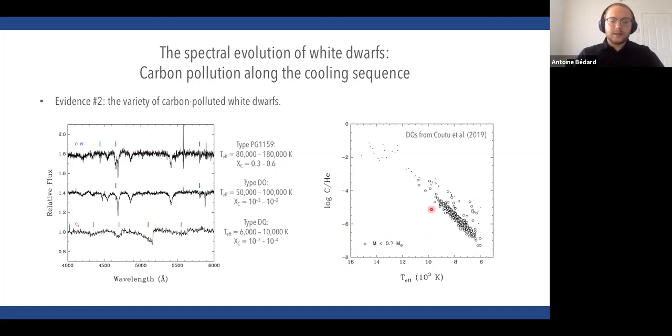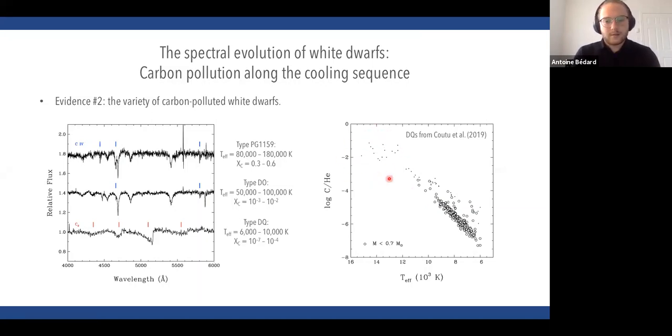They form this very tight sequence of decreasing carbon abundance with decreasing effective temperature. And by the way, in my talk, I'm only going to talk about the classical normal mass DQs. I'm not going to talk about the so-called hot DQs and warm DQs, which are shown here as small dots.